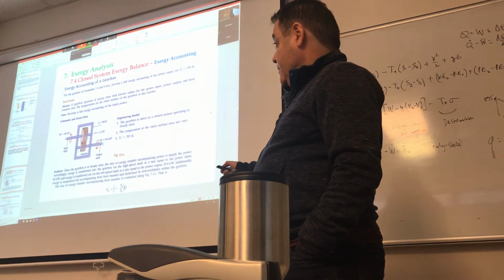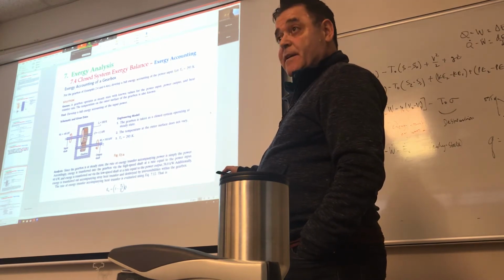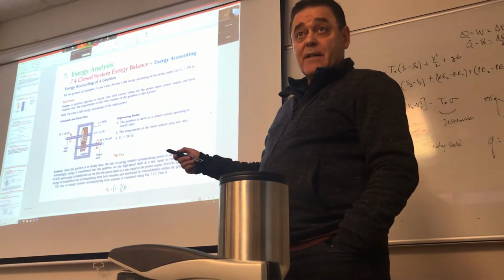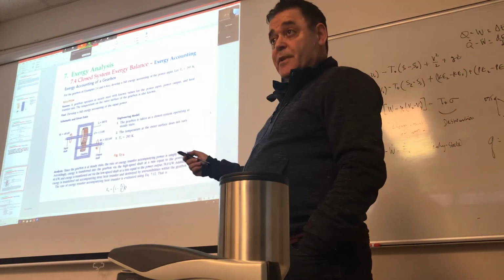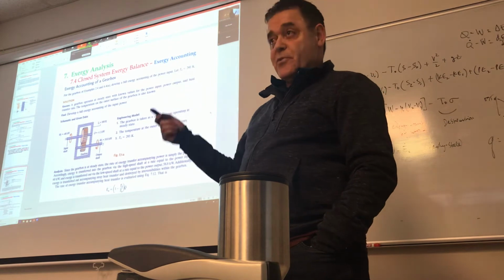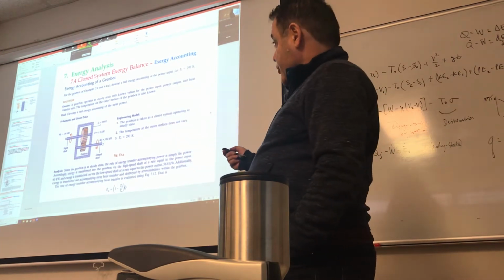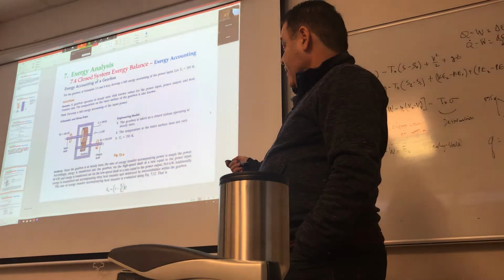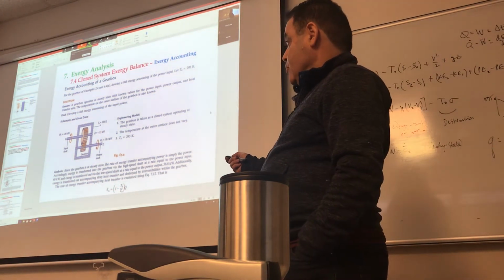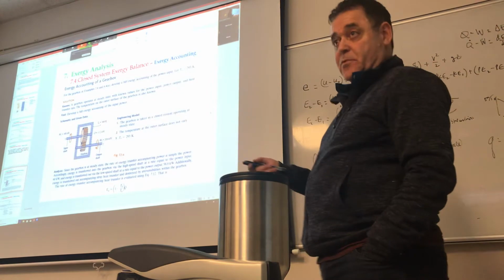So what's going on in here? It's steady state, obviously. Q dot minus W dot has to equal 0, so the net Q has to equal the net W. In other words, what is the net W here? It's minus 1.2, and it's no surprise that Q is equal to minus 1.2.